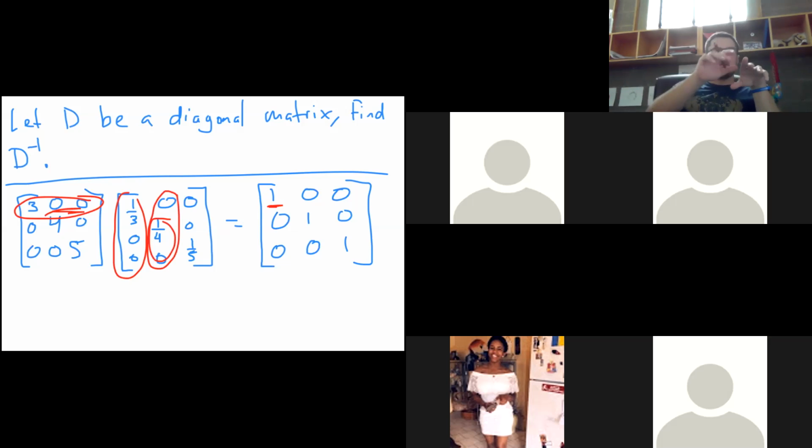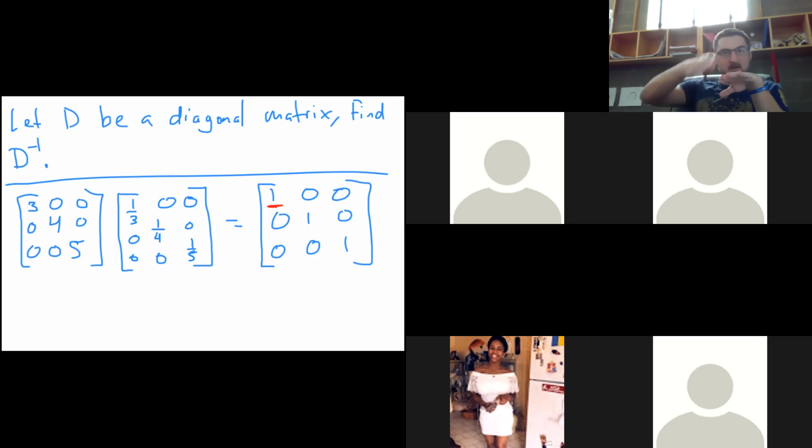Okay? So as long as my diagonal entries are non-zero, I'll always be able to find the inverse super, super easily of any diagonal matrix.